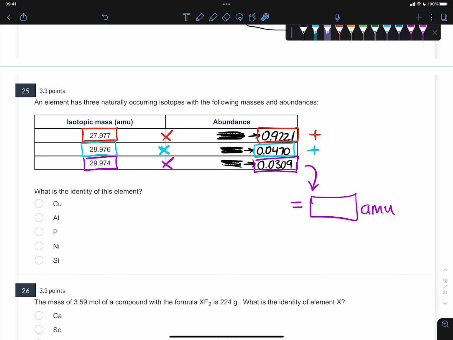Silicon just feels right, because silicon's average atomic mass is 28.085. So you can verify, but basically just do your math here, and you're going to get average AMU, and then find that on the periodic table.